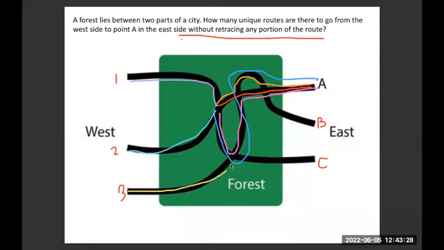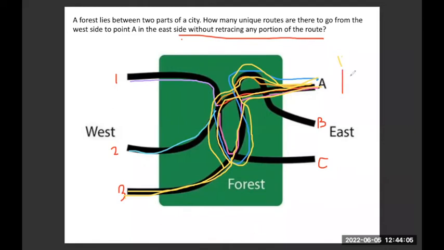The blue line comes like this, the pink line like this, the red line connects like this, and the orange line connects like this. So from each of 1, 2, and 3, you get 4 different routes, and 4 into 3 is 12.